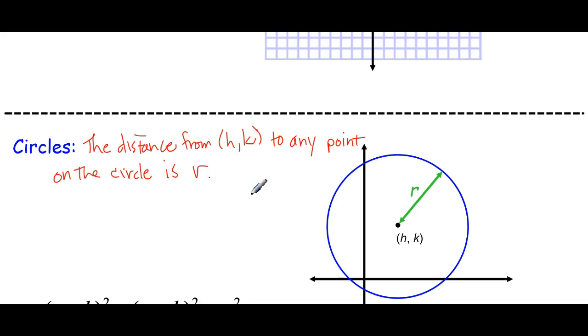And you should know why I'm going to call it r. The word for that distance is radius, so r for radius sounds like a pretty sensible thing to do. So when we say distance, and we're looking at something where we have coordinates, we should be thinking about the distance formula. So the distance formula, remember, is kind of a mess.